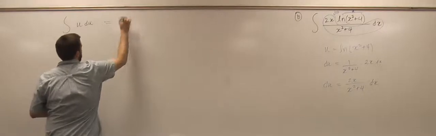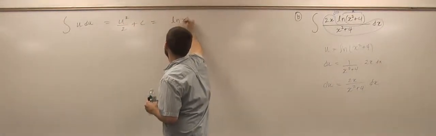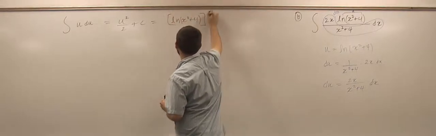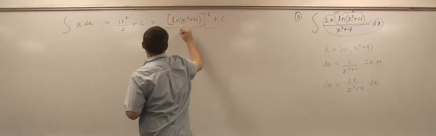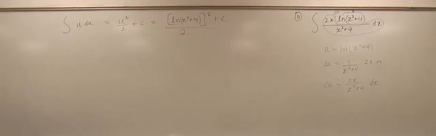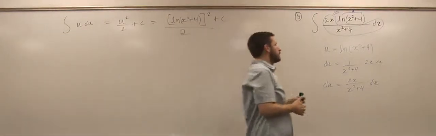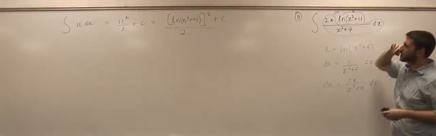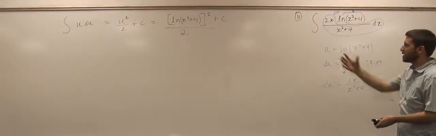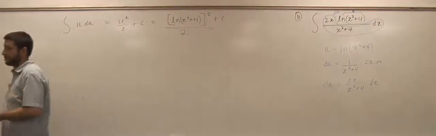Which is u squared over 2 plus c, which is ln of x squared plus 4, squared, over 2. So the difficulty in these u substitution problems is going to be figuring out what u equals, not actually doing the integral. Usually the integral is easy once you figure out u.